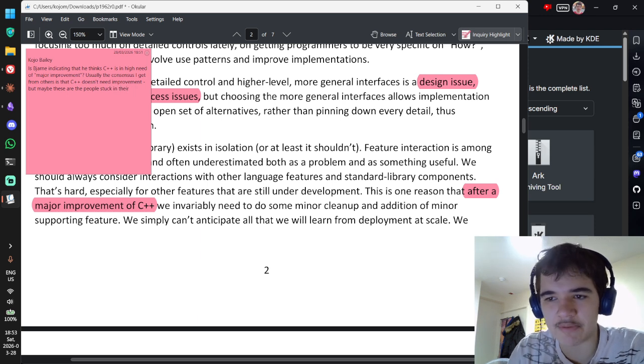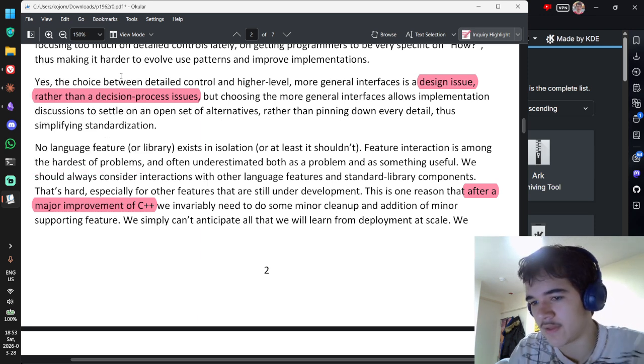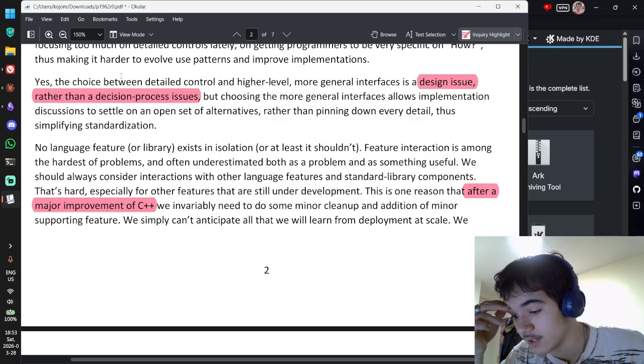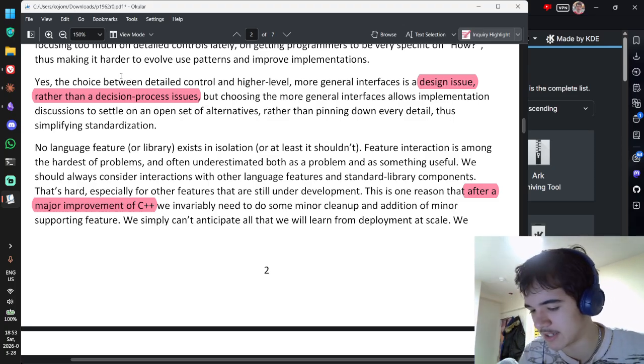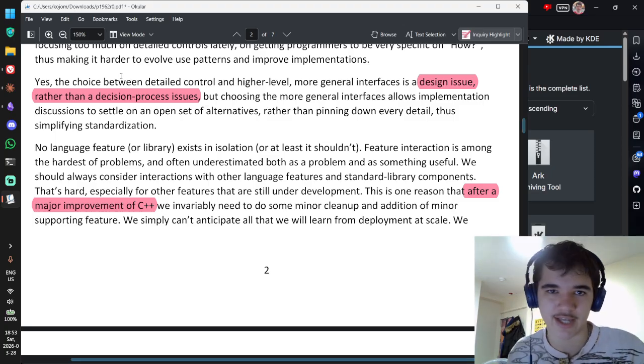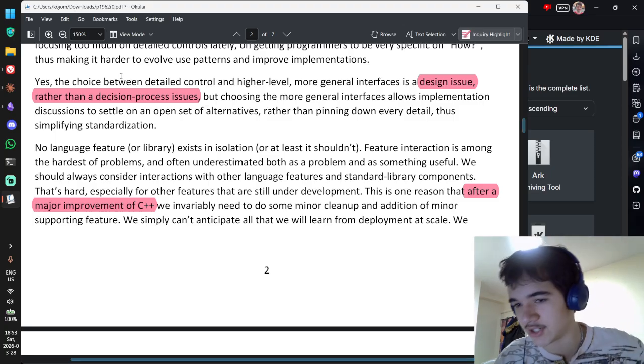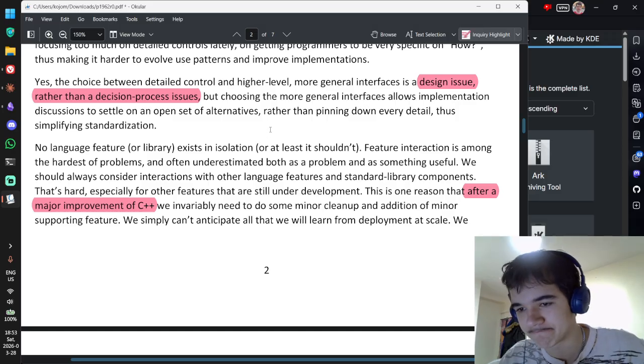In the C++ Discord server, there are definitely people who agree that C++ needs some major improvements, to the point where they'll say, honestly, just use Rust.